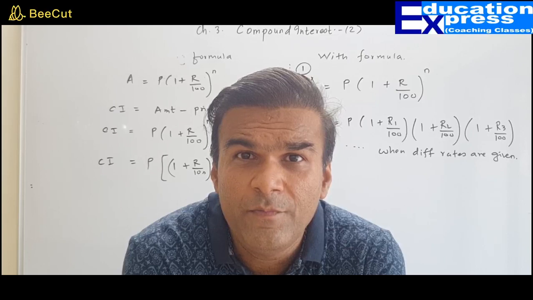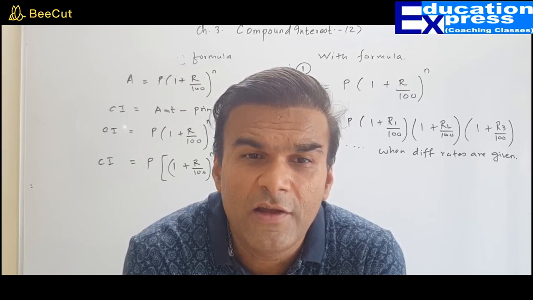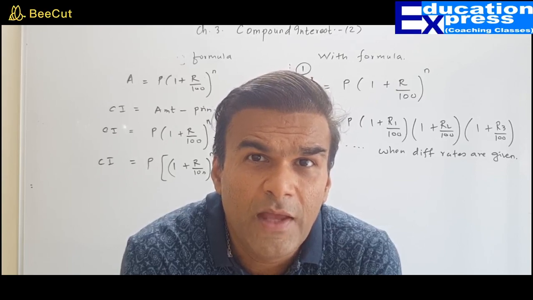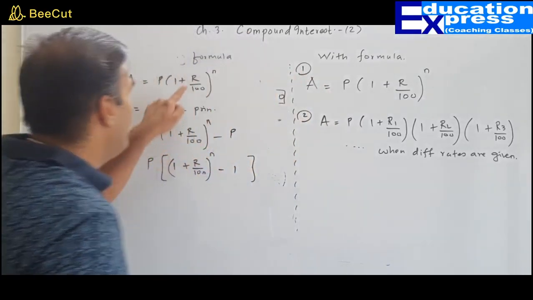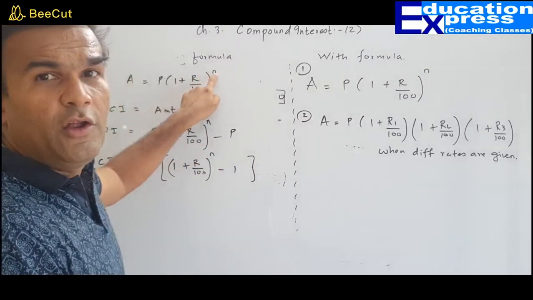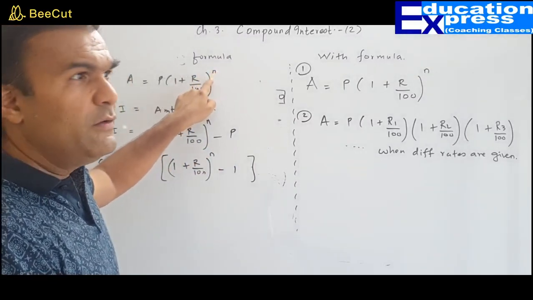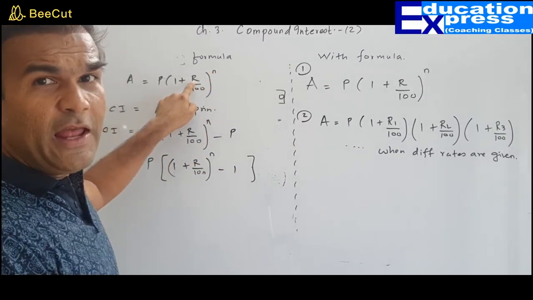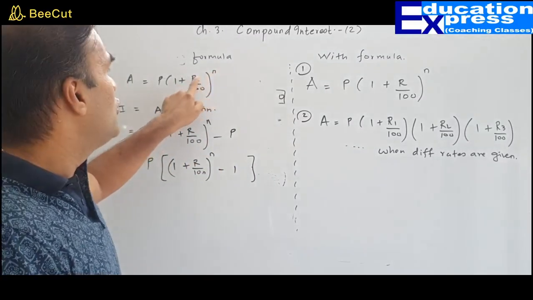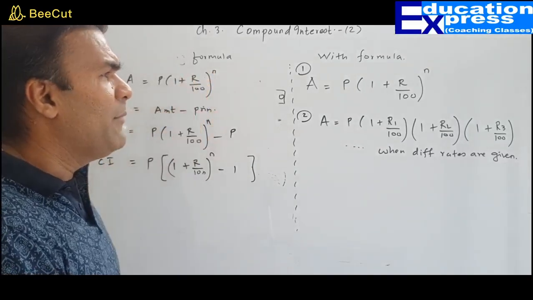My dear friend, you must know one thing very clearly. When I am talking about rate, I am talking about rate per annum, and that is why it is raised to the number of years. This is very important. You should not make any changes over here. If this is not the rate per annum, then even this will not be the number of years. So this is very important. That should be kept in your mind.